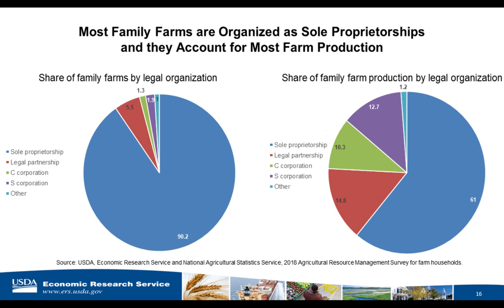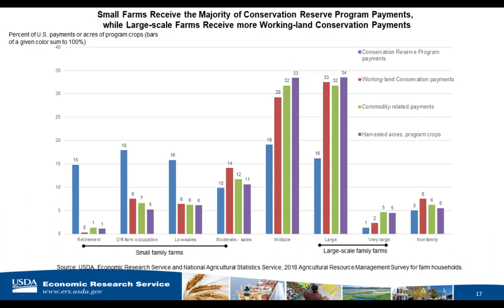So now we're going to look at the distribution of government payments by farm typology. Here we see this distribution, and we're focusing on Conservation Reserve Program payments, or CRP payments, working land conservation payments, and commodity-related payments.